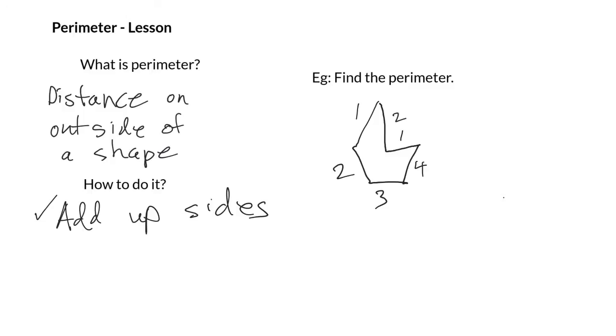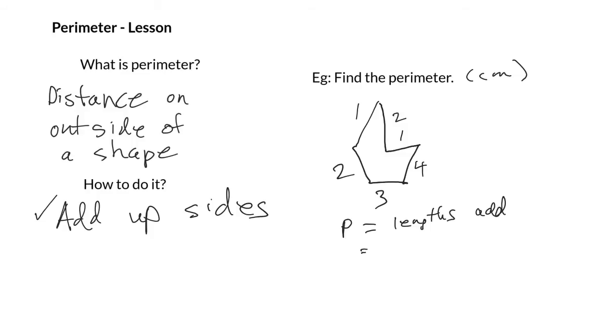So imagine I have all of these sides here. All of these sides are in centimeters. If I wanted to find the perimeter, I would say the perimeter P is equal to all the lengths added together.